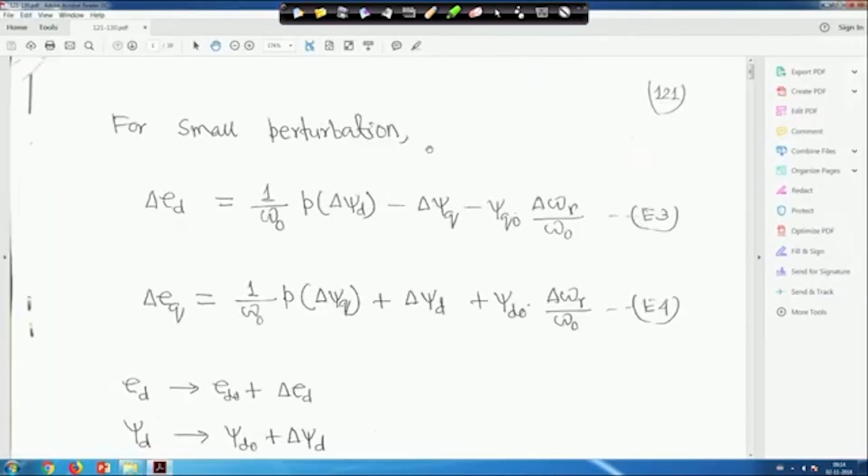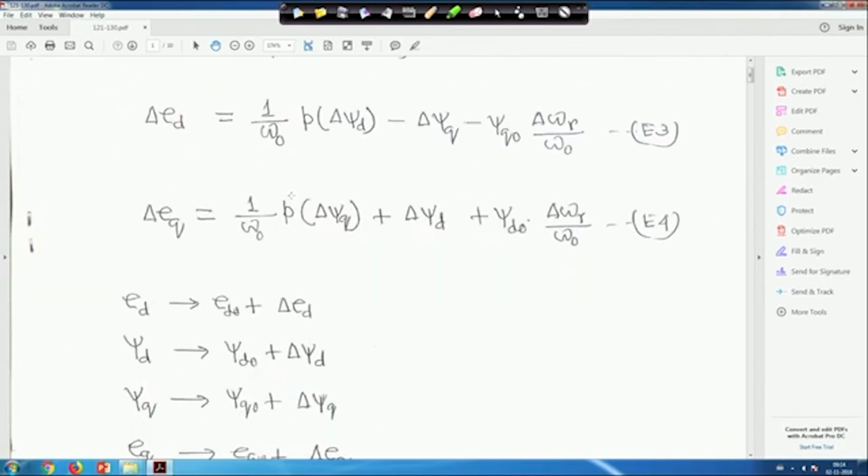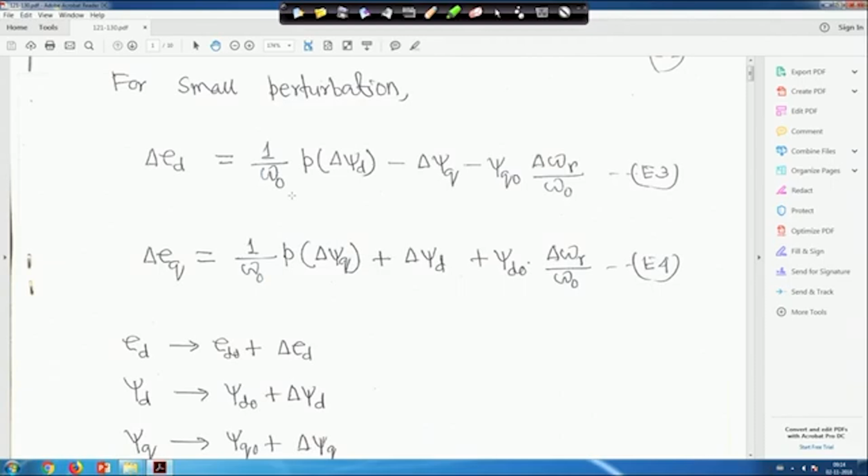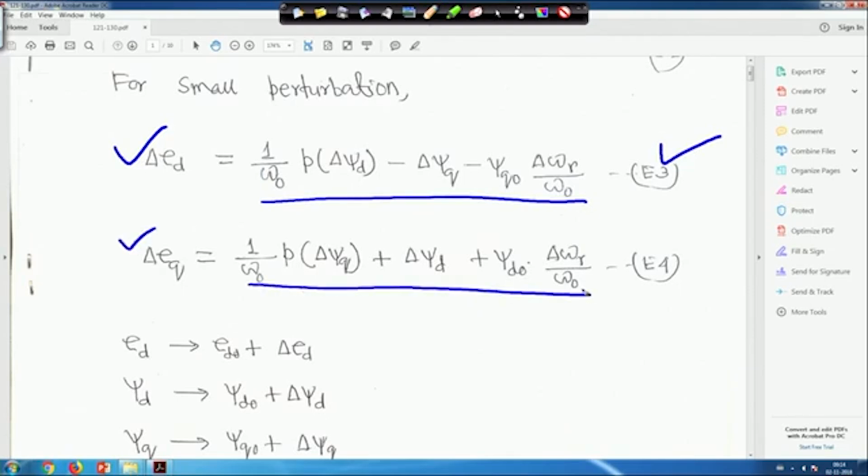So, for small perturbation, whatever I wrote previously, the delta Ed will be this one, this is equation E3. Similarly, I wrote for delta Eq, so it will be this one.